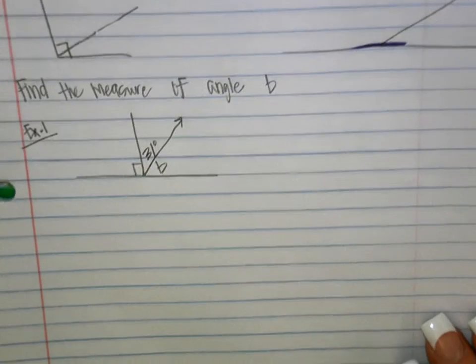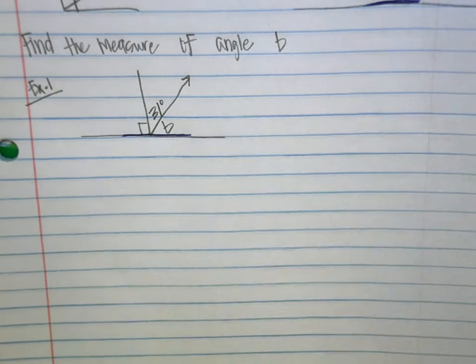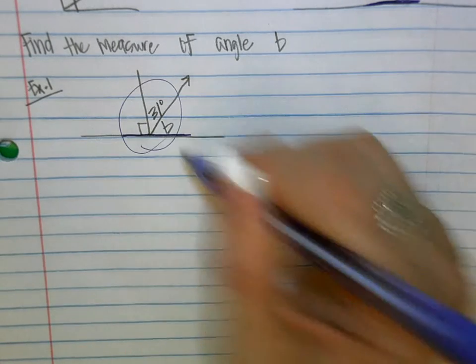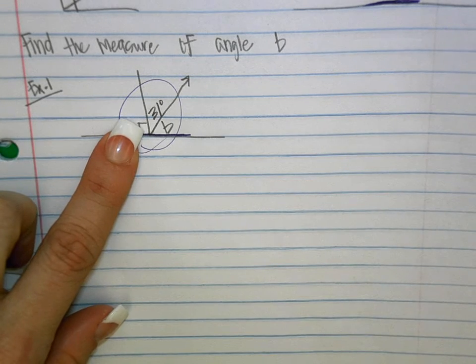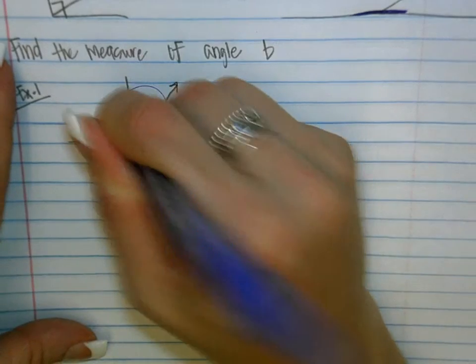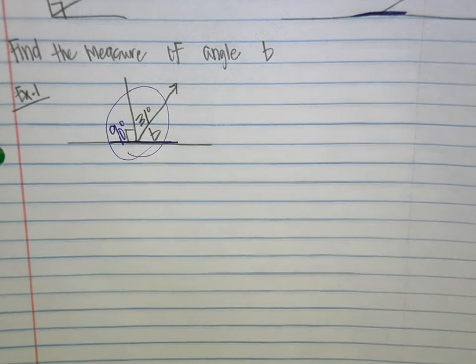Okay, so here, since I'm dealing with a straight line, all of those together are going to equal 180. What am I missing here in this corner? A 90. Okay, and it's not written there because this is math shorthand for writing 90. So add all these together and they're going to equal 180.